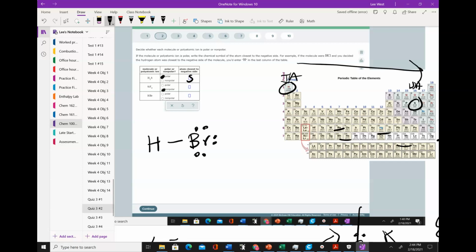The important thing to recognize is that if I look up the electronegativities of these 2 atoms, bromine is more electronegative than hydrogen, which means the hydrogen end of the molecule is a little bit positive and the bromine end is a little bit negative. So this will be polar because we've got 2 different atoms connected by a single bond, and the bromine will be closest to the negative end of the molecule.